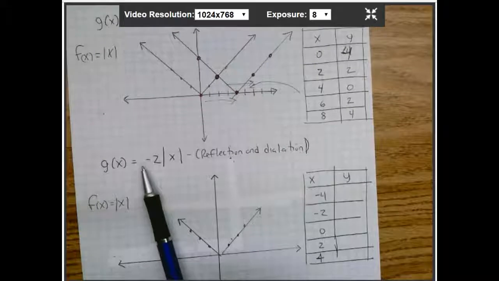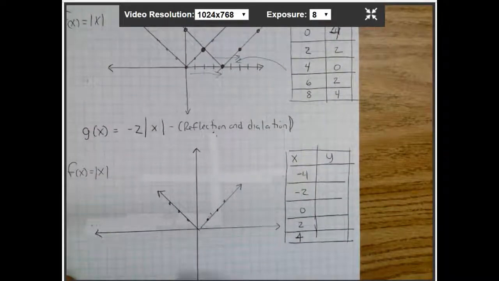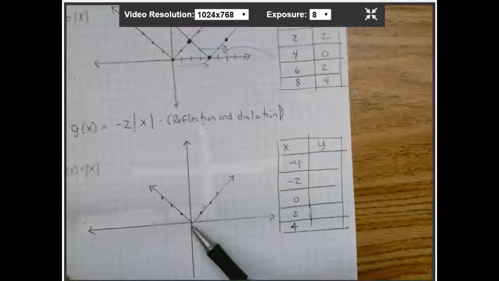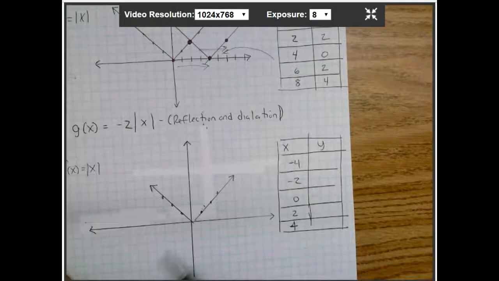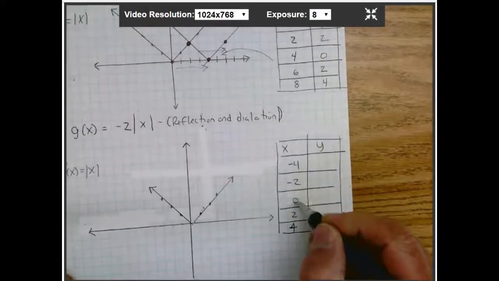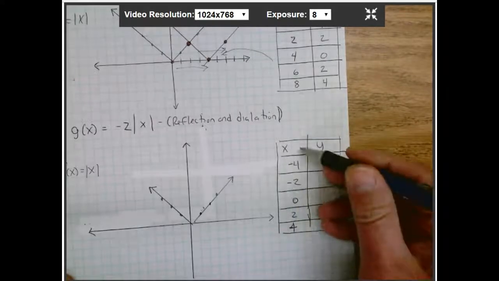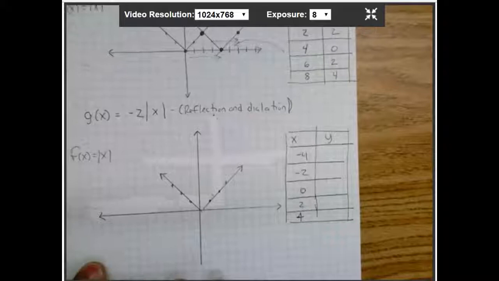If it's going to reflect in the opposite direction, that'll help us decide which points to figure out. And we know the vertex, this thing should actually flip on the other side. And we'll see if it does that in a minute. So we would want to choose 0 as our middle point, and then pick a couple negatives and a couple positives, and then that could help us put some good points in there.